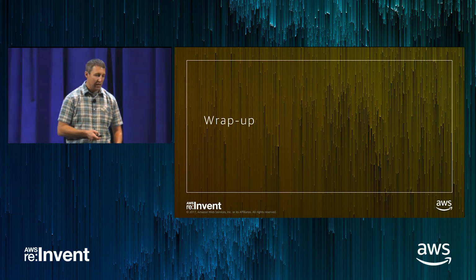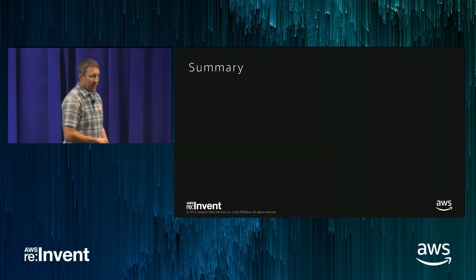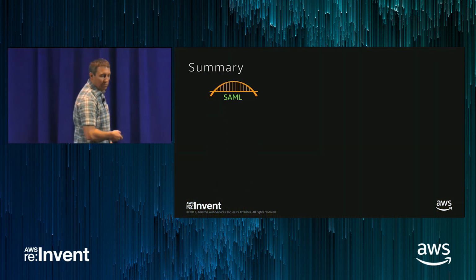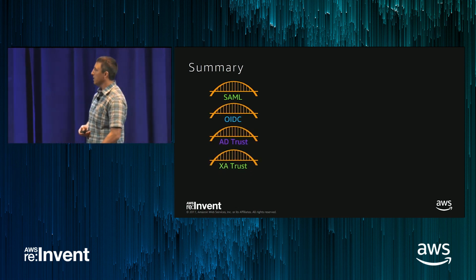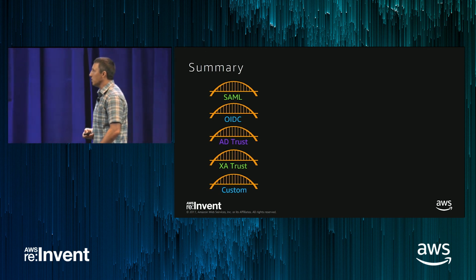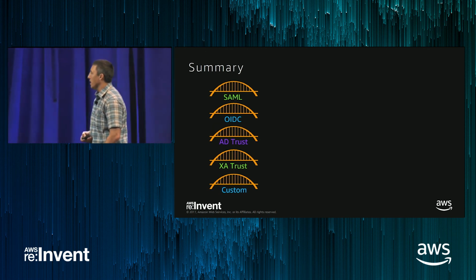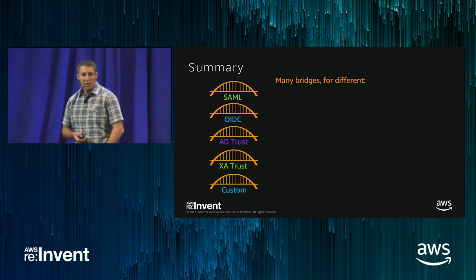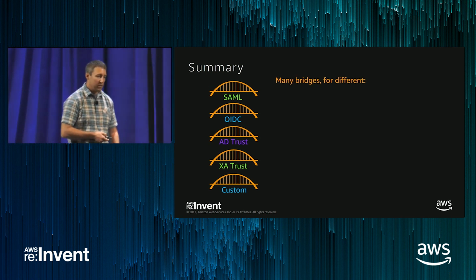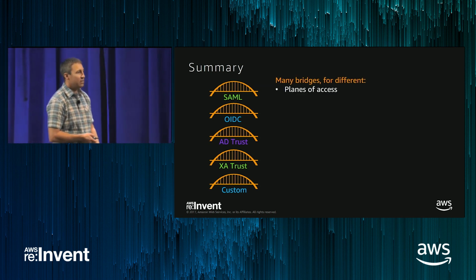Okay, so let's wrap it up. In summary, we've got 5 different bridges of federated identities into AWS: SAML, OpenID Connect, AD Trust, cross-account trust, and custom federation brokers. And we use those many different bridges for different planes of access.